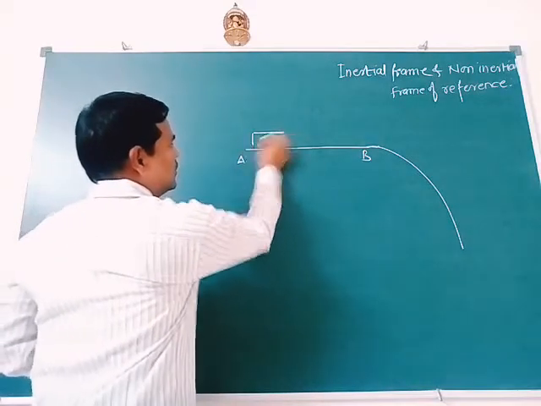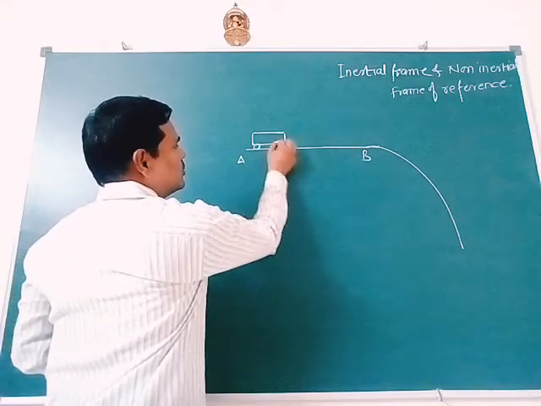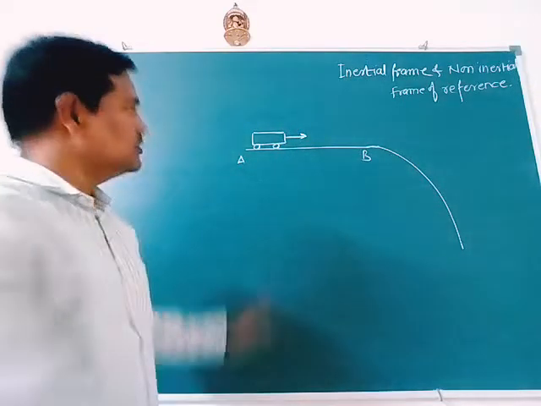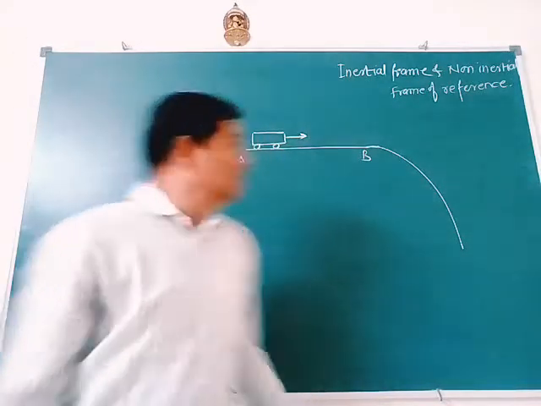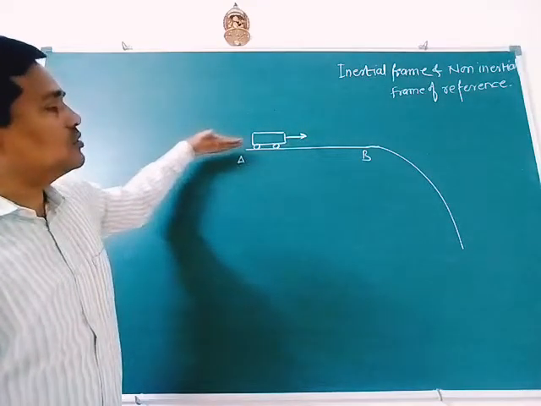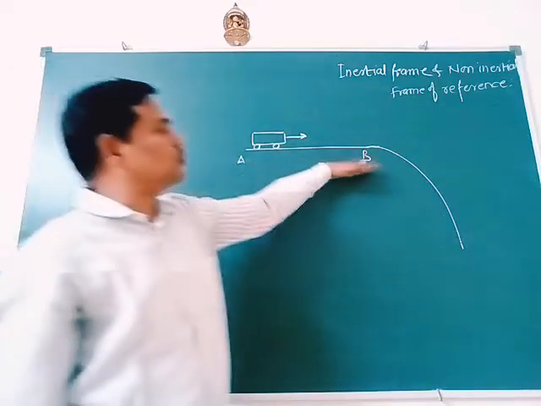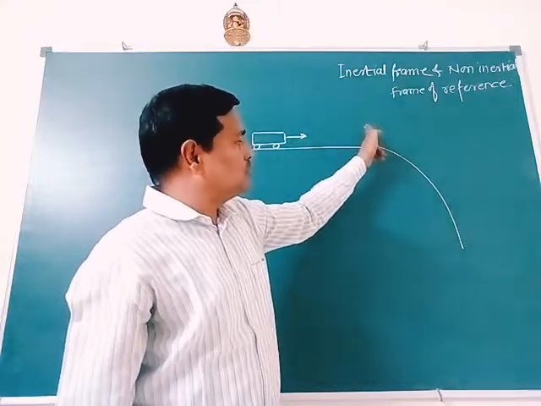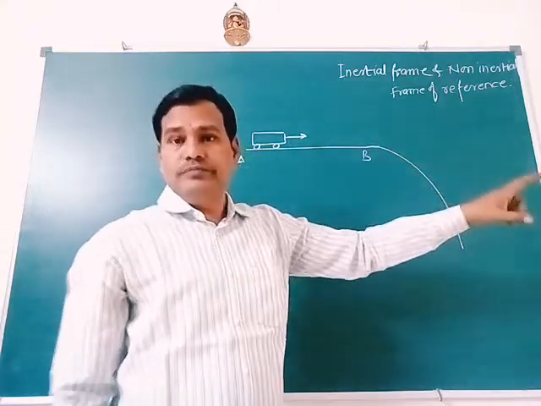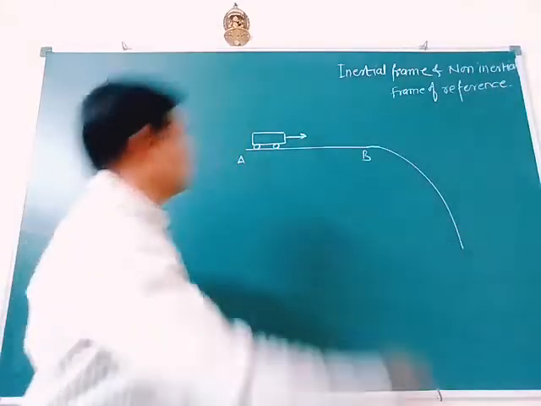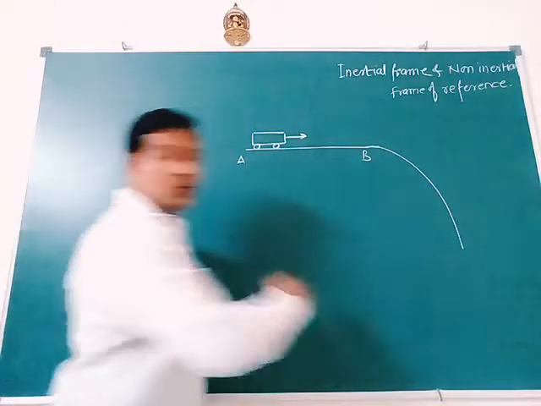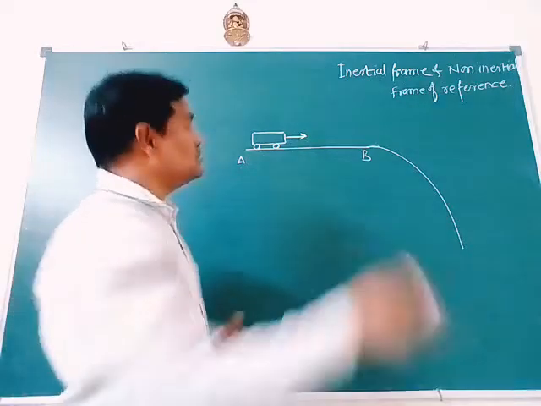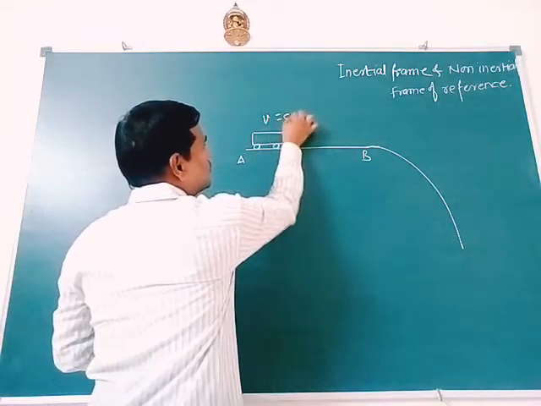Here is a vehicle having a number of passengers in this bus, moving along the path which is first straight up to point B. Beyond point B it is curved, meaning the motion of the object beyond point B will definitely be circular. From point A to B it moves with constant velocity. If its velocity is constant, v equals constant.